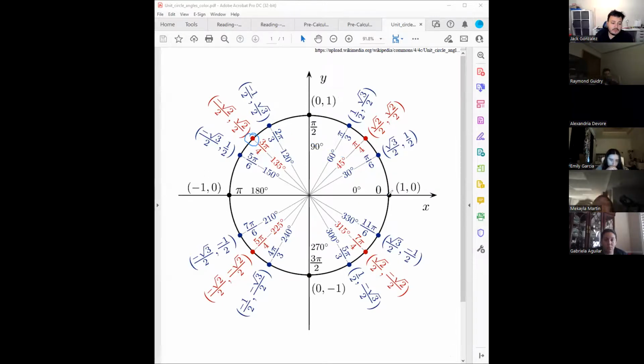The negative 135 would be here, right? All the way over here. So what is the distance to the x-axis from here to here? How far is that?